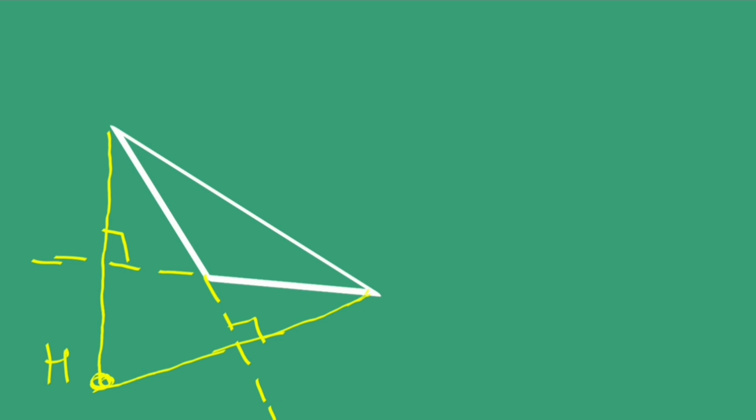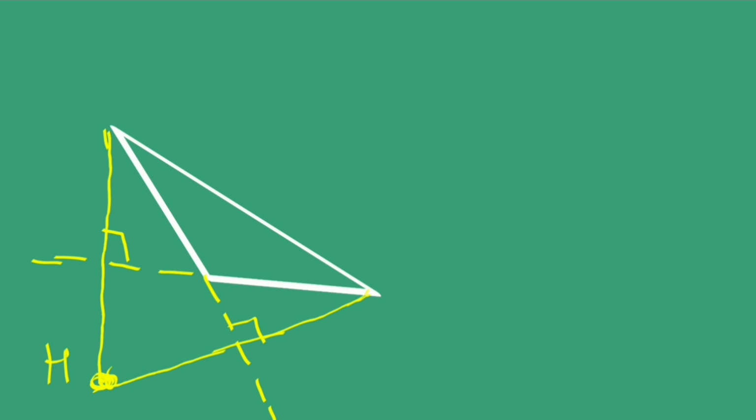Now this is orthocenter H, but it is on the back side of this triangle, not inside the triangle or on any side. There is no chance of that, it is on the back side of the triangle.